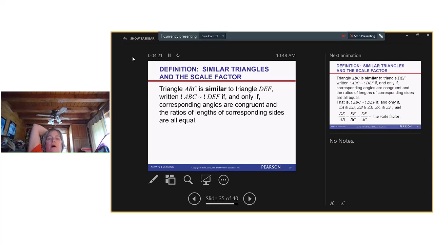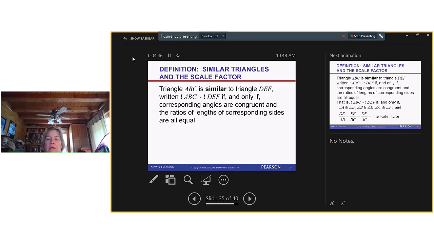Triangle ABC is similar to triangle DEF, and they're written with a similarity symbol, ABC, then a squiggly line, DEF, if and only if the corresponding angles are congruent, and the ratio of lengths of corresponding sides are equal.